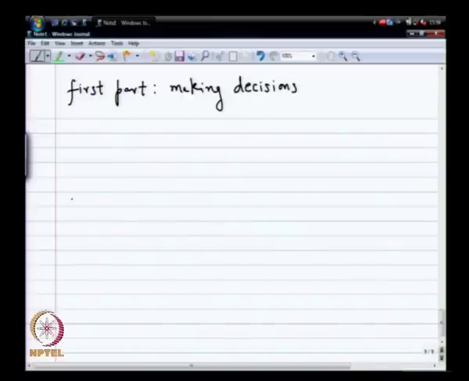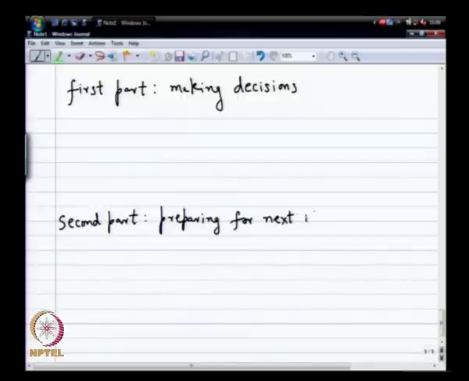The second part is preparing for the next iteration. This part is a little bit more tricky. What I started to describe was actually the second part, but before that I should tell you what the first part is.